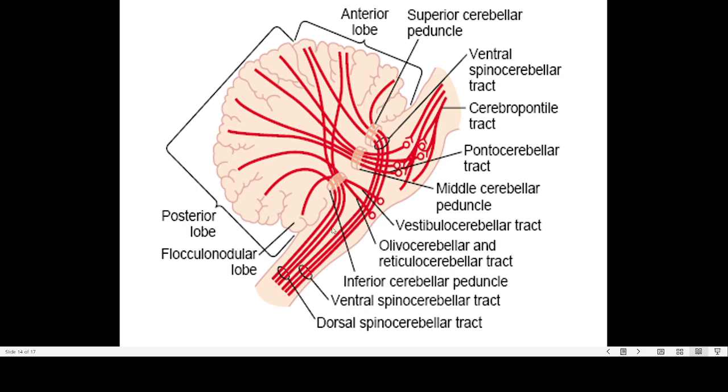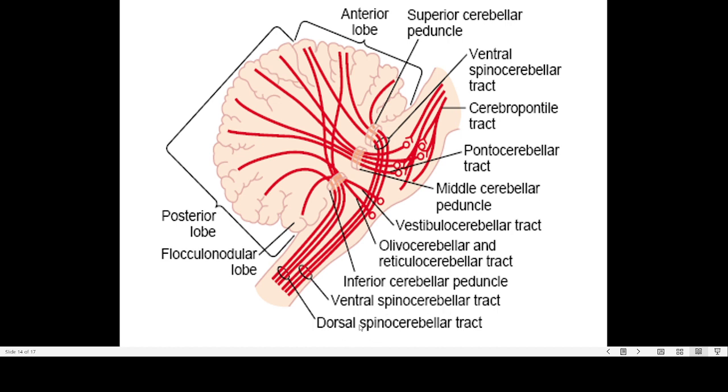From that the nerve fibers are continuations, and they are called different groups of fibers, in the name of tracts. A tract means they connect from a different part of the brain to the spinal cord, or from the spinal cord to a different part of the brain.